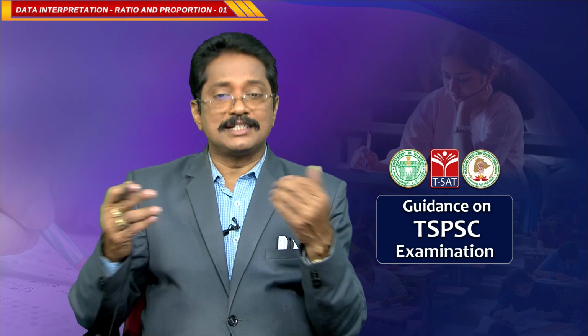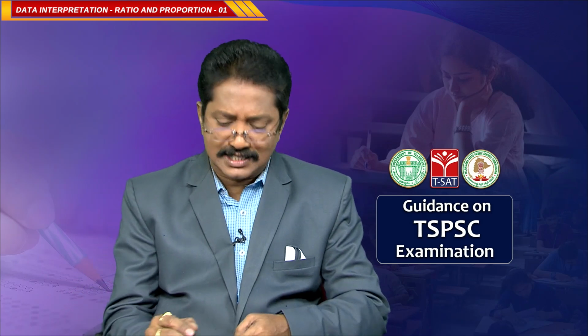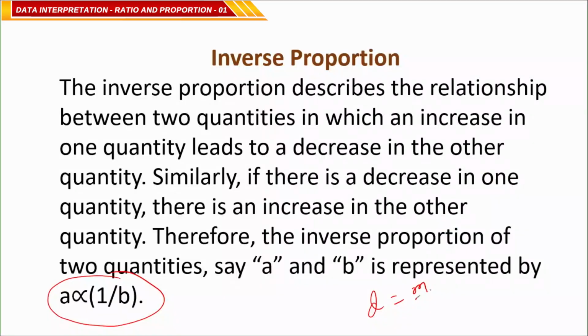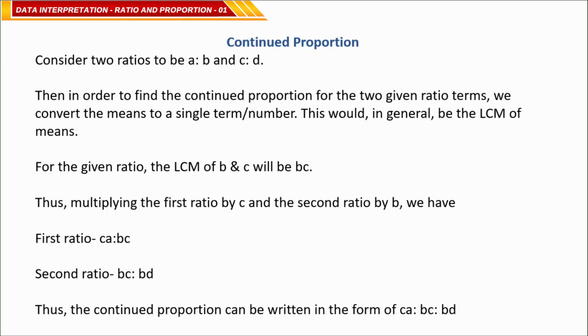In volume and density, what is the density? Density is mass by volume. Correct? When the volume increases, the density decreases. When the density increases, of course, the volume decreases. So, you can say they are inversely proportional. So, we can give n number of examples of inverse proportion.